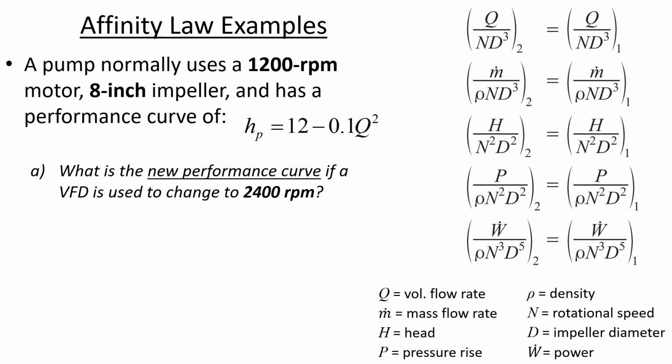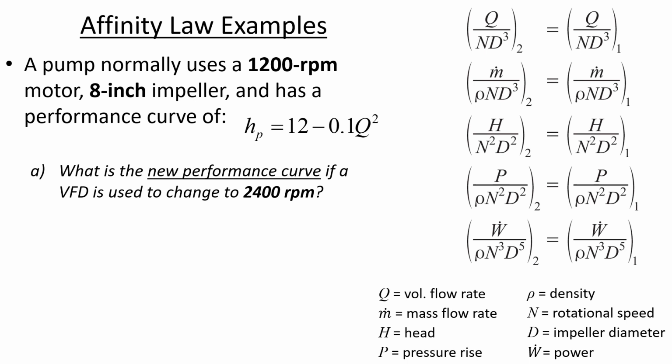is equal to H sub 1 divided by N sub 1 squared times D sub 1 squared. All right, now again, the diameters are the same, so I'm just going to erase those because the diameter on the left and the diameter on the right haven't changed. And then I'm going to rearrange this so that H1 is equal to N1 squared times H2 divided by N2 squared.